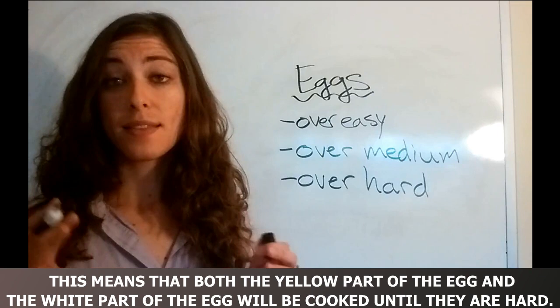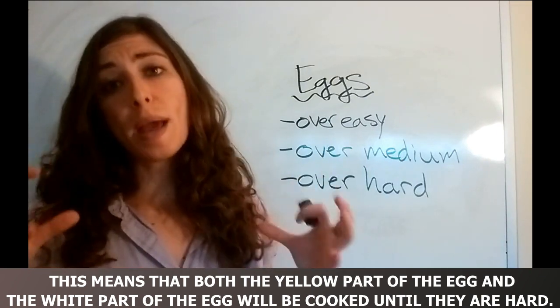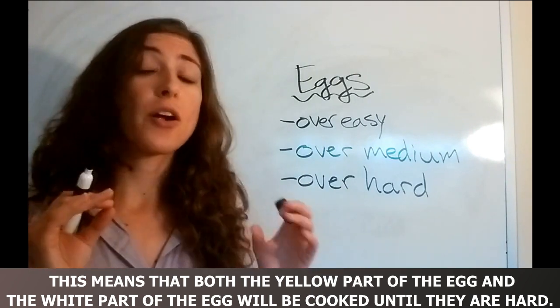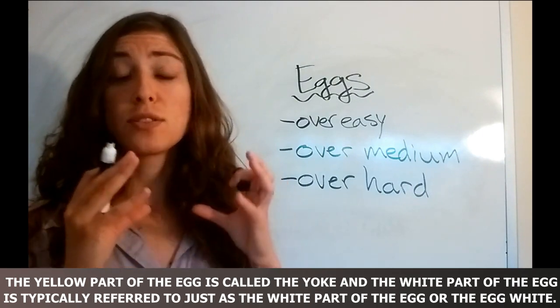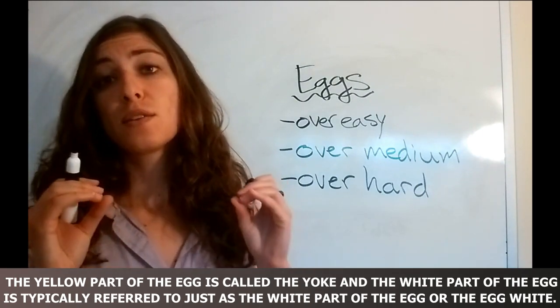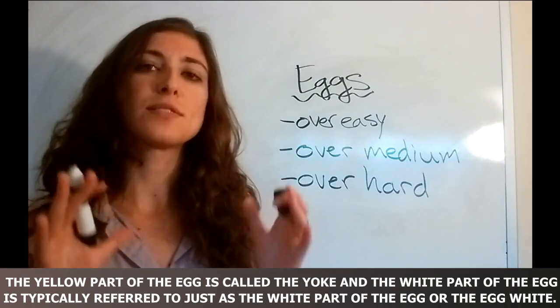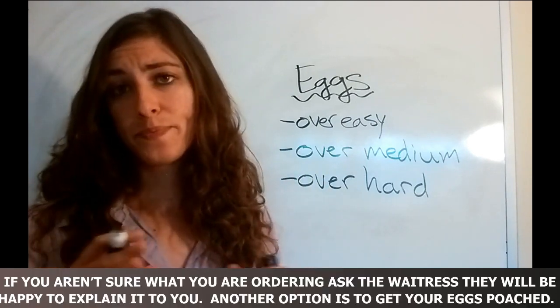This means that both the yellow part of the egg and the white part of the egg will be cooked until they are hard. The yellow part of the egg is called the yolk, and the white part of the egg is typically referred to just as the white part of the egg, or the egg white.